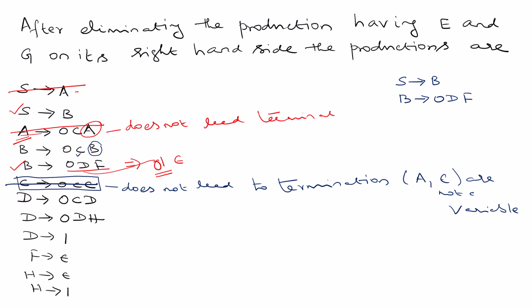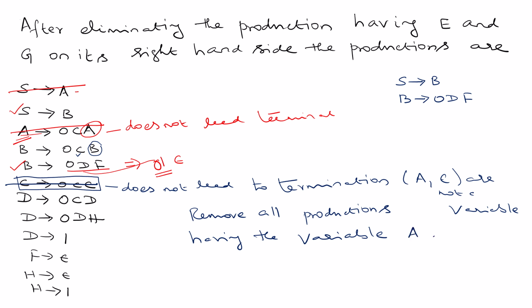So remove all productions having the variables A and C on the right hand side.